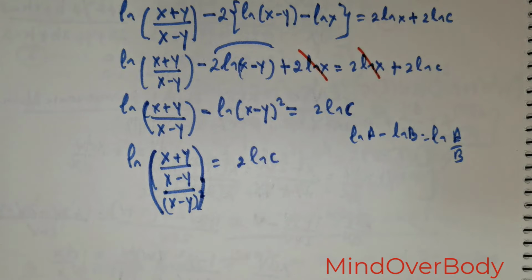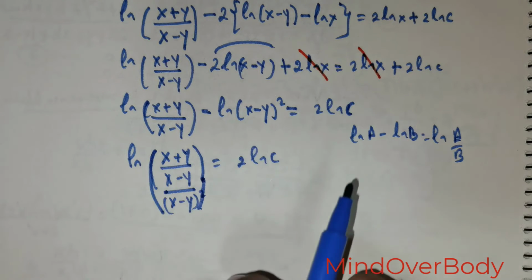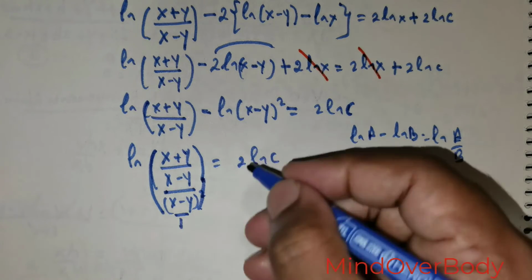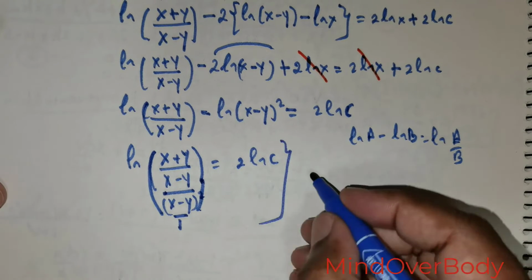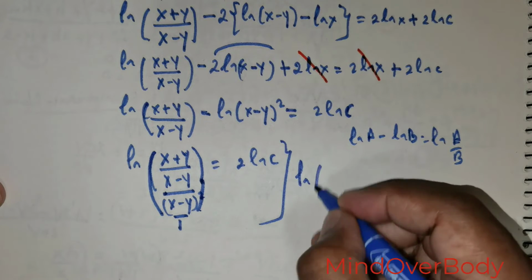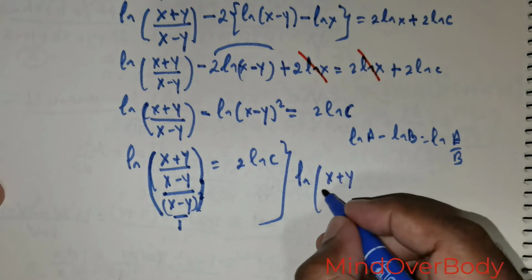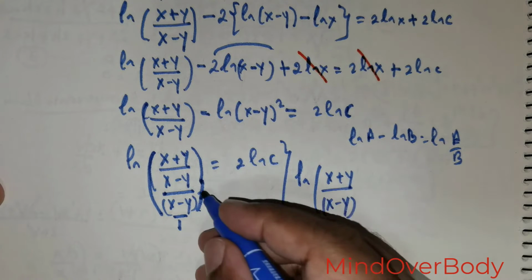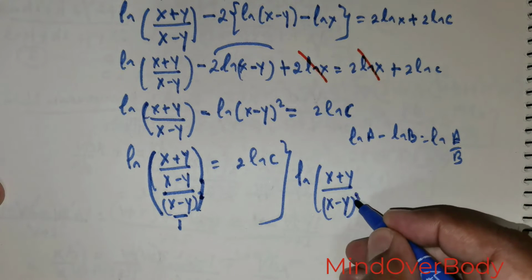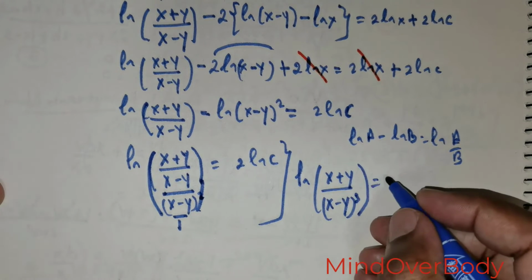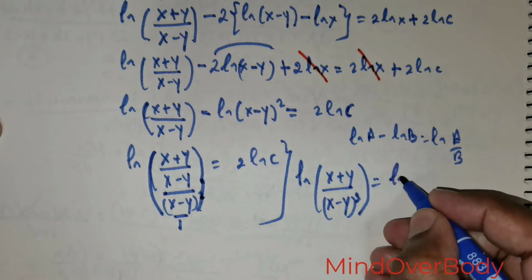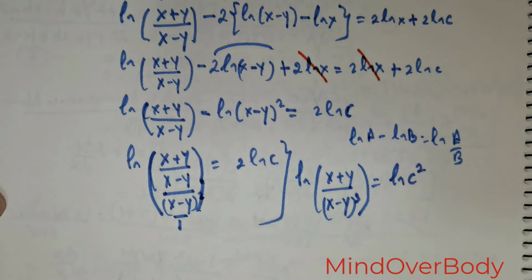Now if I'm going to simplify this, this is actually over 1. So I can rewrite this as ln of x positive y divided by x minus y raised to the power, this is 2 and this is 1, so this is going to be 3. So this is going to be ln, 2 times ln c. I can write it as c squared.